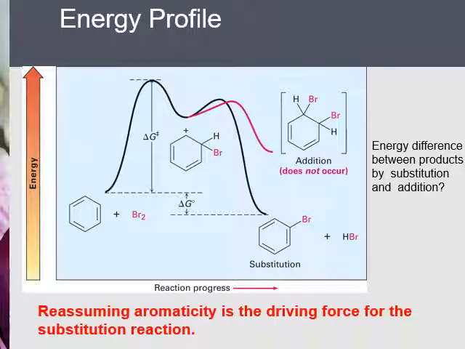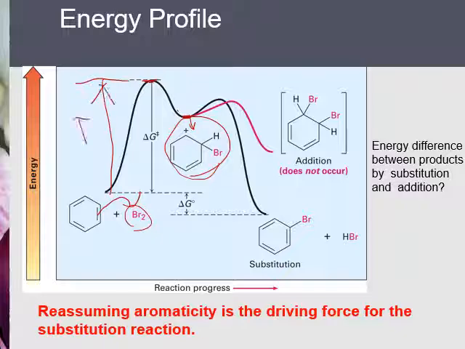So the first step is bromine is activated by a catalyst, and then the pi bond attacks bromine and forms a carbon cation. That's the first step, through a transition state, and the energy minimum represents this carbon cation. Note that this activation energy is quite high, and therefore this step is a slow step. Now the second step: the carbon cation can be attacked by bromine, forming the addition product, whose energy is here.